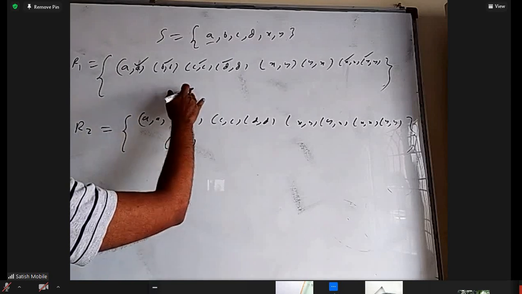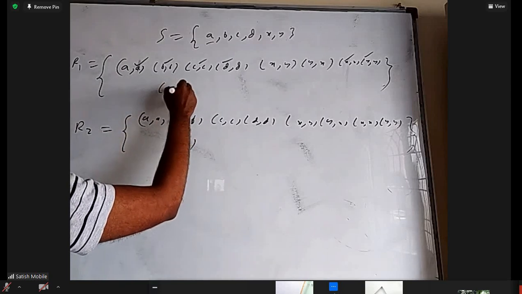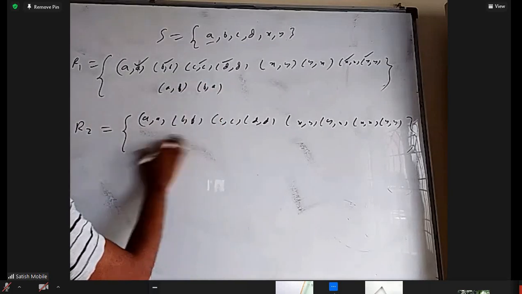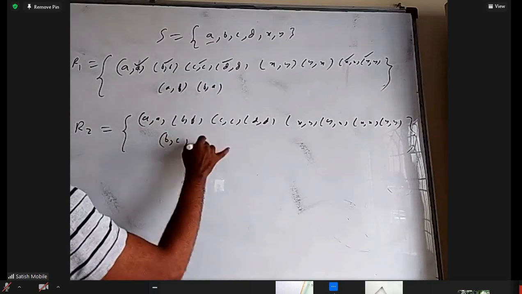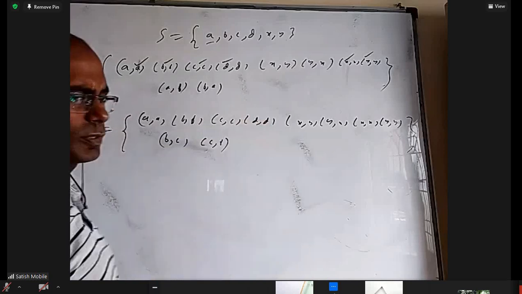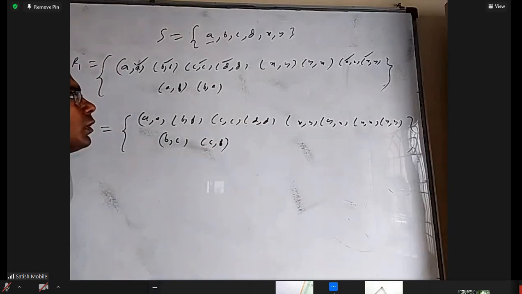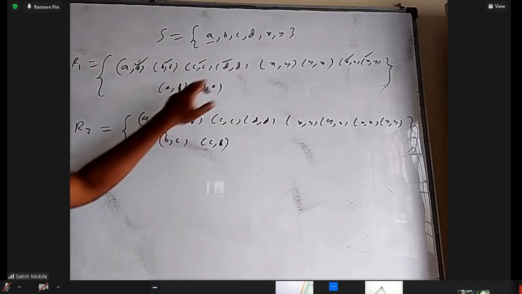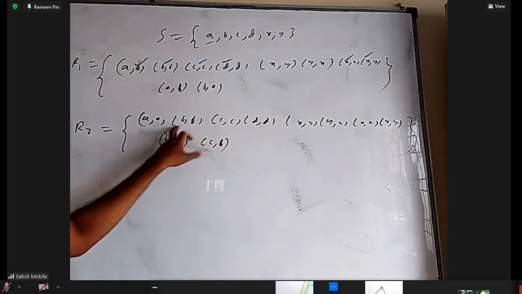I can put A comma B, then I should write B comma A also. Let's say I write A comma B here, B comma A here. Here I'll write B comma C and C comma B. I'm honestly putting in more. All right, so this is also symmetric because of this, symmetric because of this, and symmetric because of this.